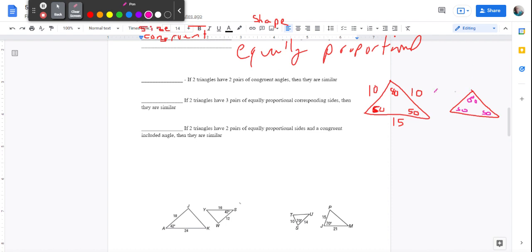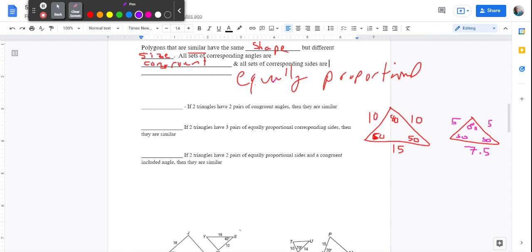So this side has a length of 5, this side has a length of 5, and the bottom side would have to be half of 15 as well, because 10 divided by 2 is 5. So that bottom length would be 7.5. These triangles would be similar because each side length is equally proportional, 10 to 5, 10 to 5, 15 to 7.5, and the three pairs of angles, 80, 80, 50, 50, 50, 50, are congruent to each other, which fits our rule.